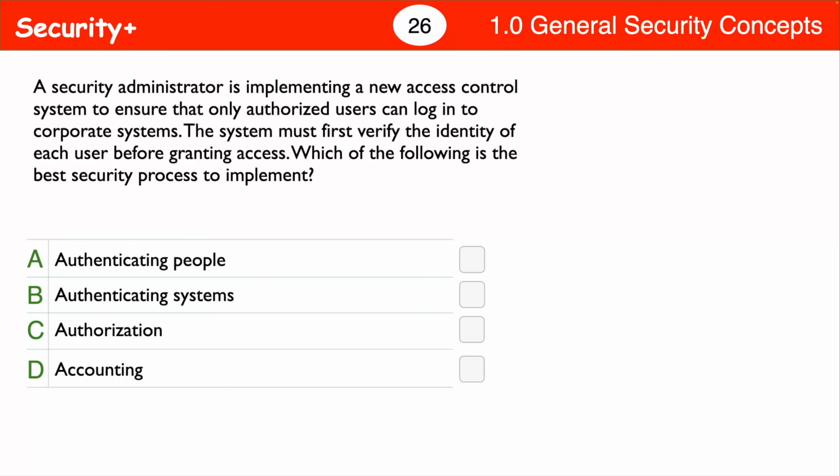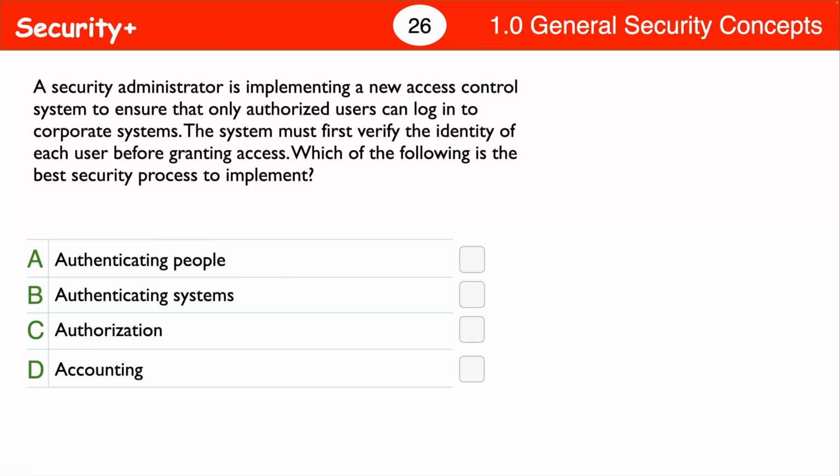Okay, so let's point out the key phrases here. The two that are the most important are only authorized users can log in and verify the identity of each user. I would say this is kind of an easy one if you know the difference between authentication, authorization, and accounting.